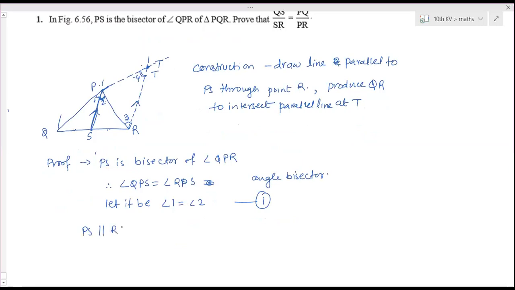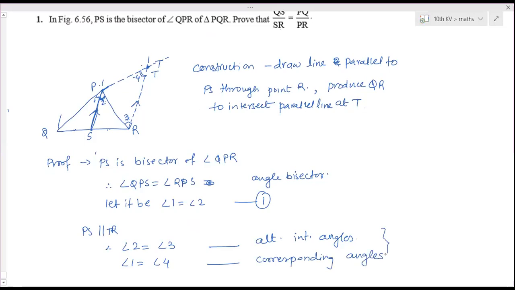PS parallel to TR. Therefore angle 2 is equal to angle 3, alternate interior angles. And angle 1 is equal to angle 4, corresponding angles. So consider this as equation 2.